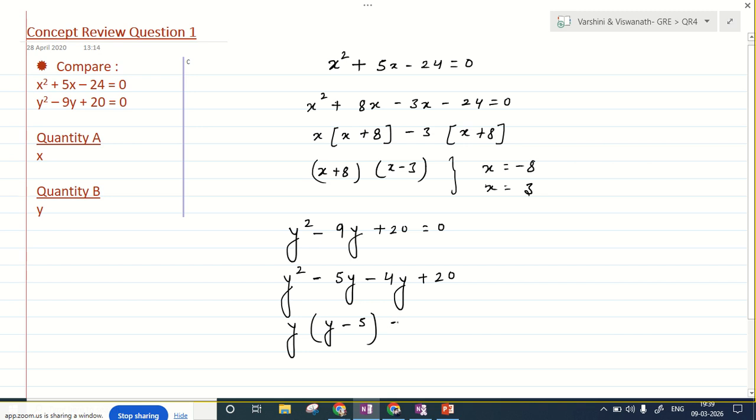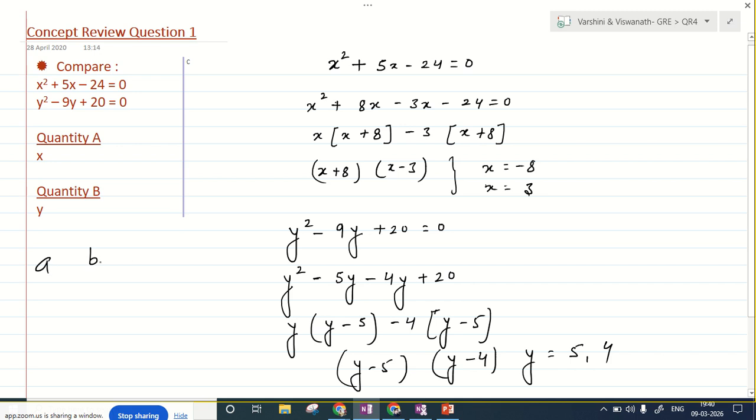I can take minus 4 common, so y minus 5. So I'll get y minus 5 and y minus 4, which means y equals how much you'll get? 5 comma 4.